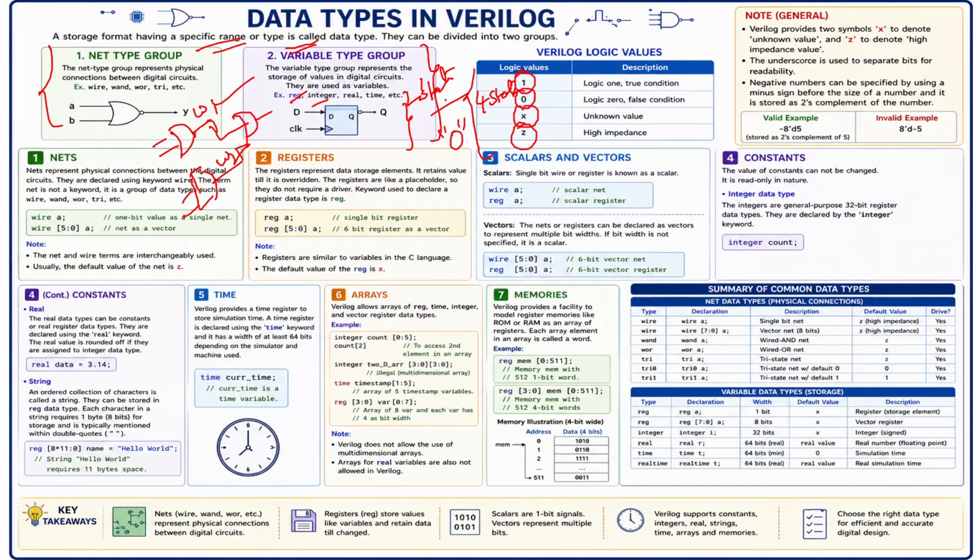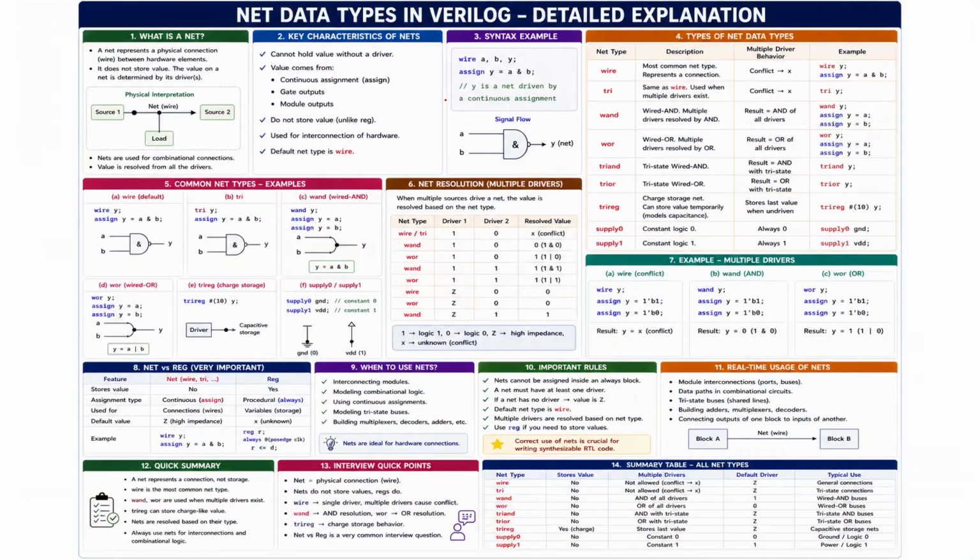Okay, nothing else. Now we will explain what the net data type is. Net represents the physical connection, as I told you. In between any hardware elements we use a physical connection. It doesn't store any value.